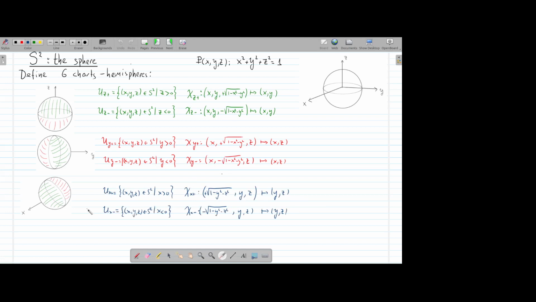Last but not least, we consider as the direction that defines the hemispheres to be the x-axis. These are the set of points with coordinates x being positive and negative respectively, and all those points are projected onto the yz plane, giving y and z coordinates to each one of the two hemispheres.